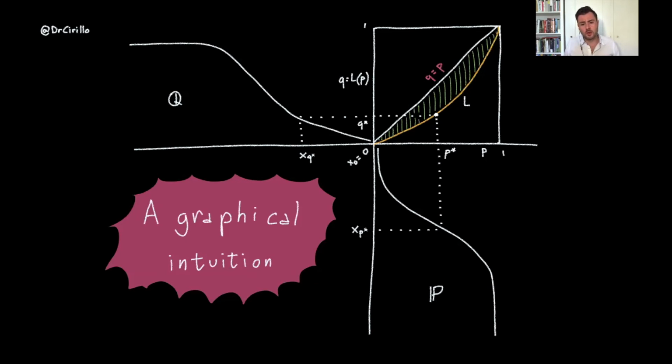Once I have this plot, I can associate to the plot what? I can also associate to the plot the CDF, or if you want, the quantile functions. So you can always read both things in different ways. In this specific case, if you consider P, we look at the quantile function.